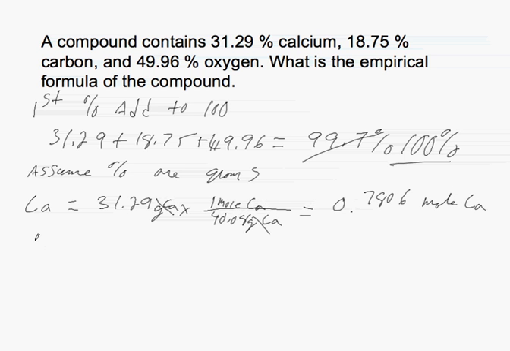Our next one is for carbon. Carbon is equal to 18.75 grams of carbon, and we know that for every 1 mole of carbon we have 12.01 grams of carbon.